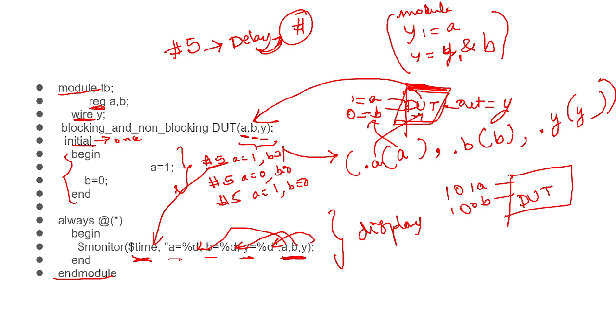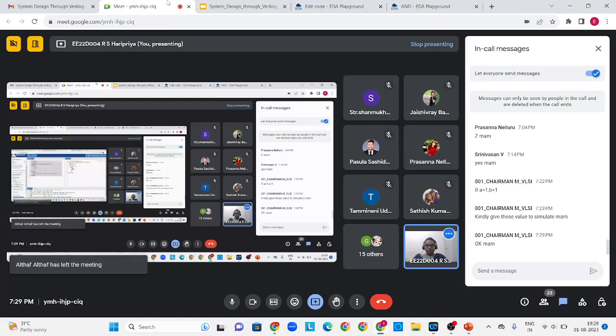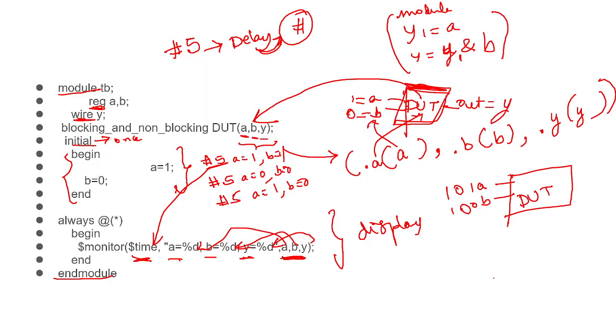Hello? So okay, after this I will give the value a equal to 1 and then b equal to 1.